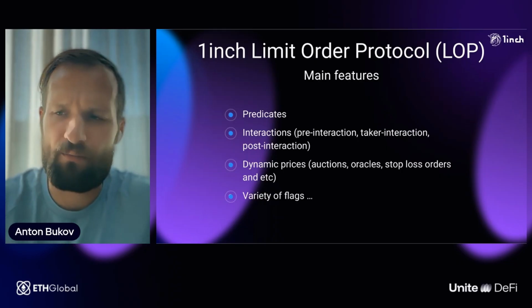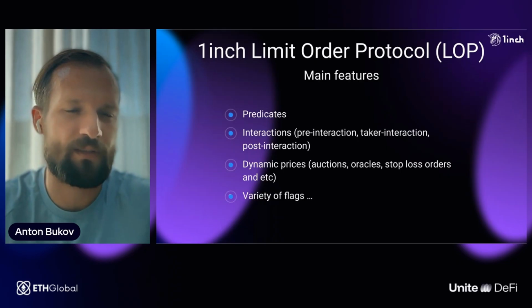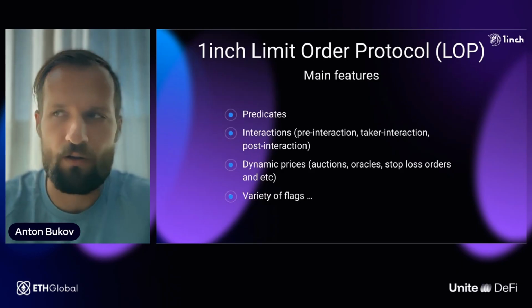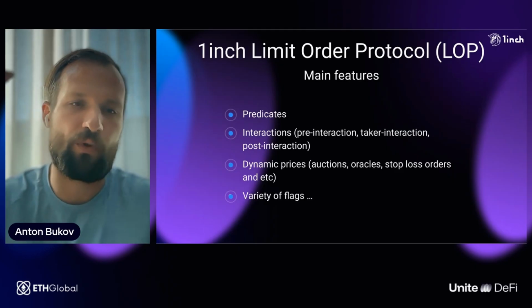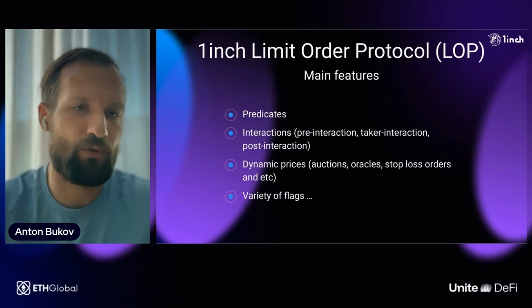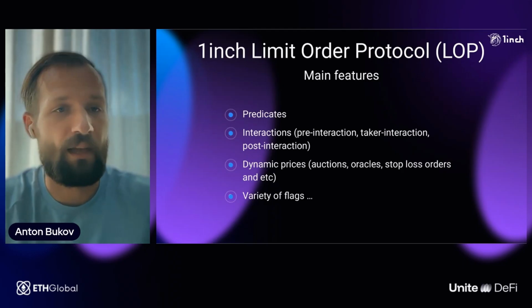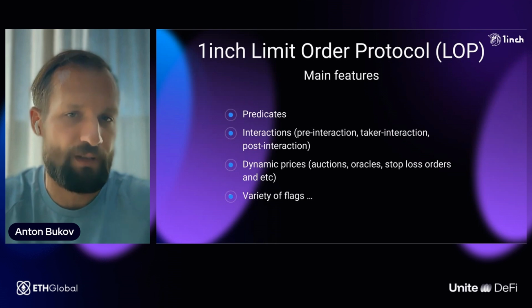So for example, if you integrate an oracle there, you could make something that works like a stop loss. It could check the price on some oracle, and then you will be able to sell only if the price goes down. You can't place the order right now because it would be filled immediately. But that's one of the examples of what could be built using predicates.